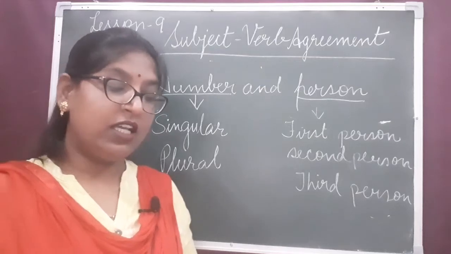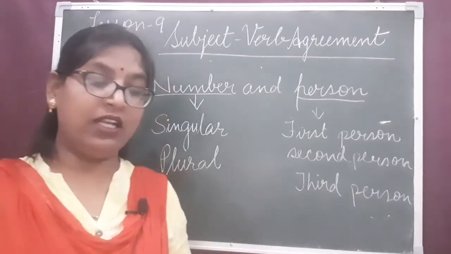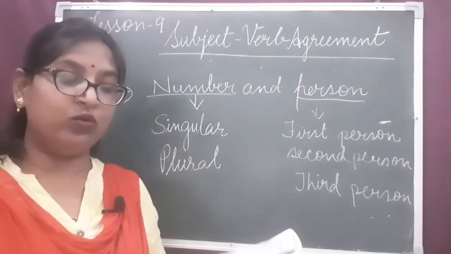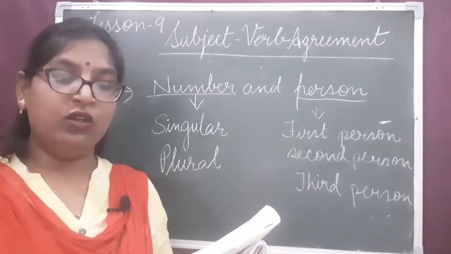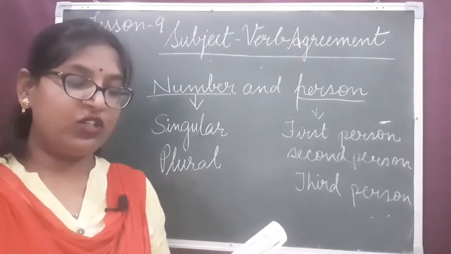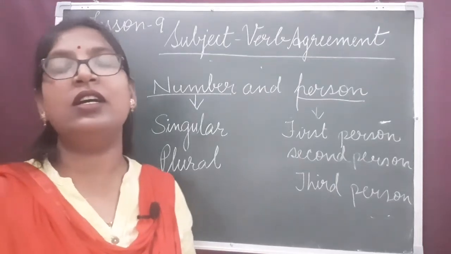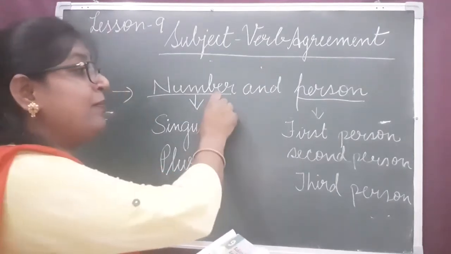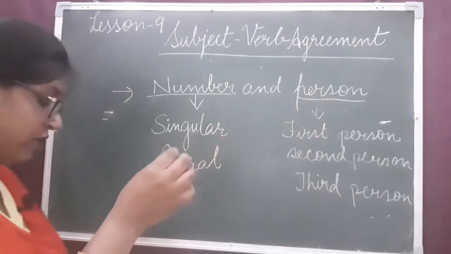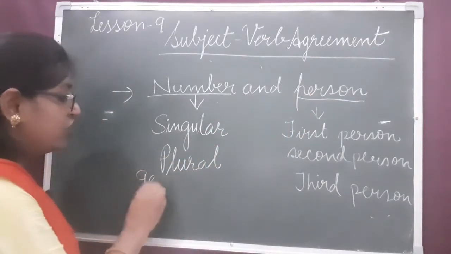Second one is the number, person and gender of noun also play an important role in the selection of personal pronouns in the sentence. Number, person, and one more thing we studied, the gender.